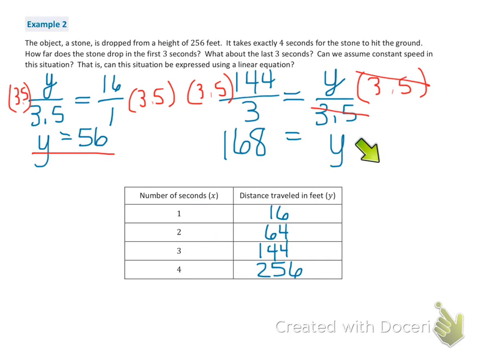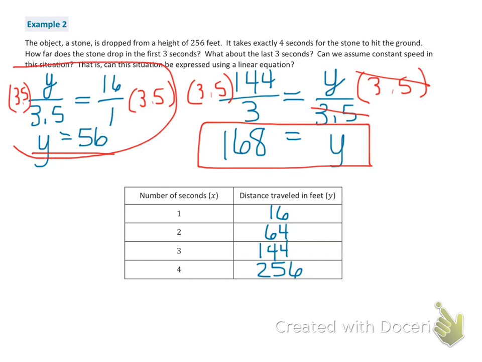So let's do some more checking to see if this prediction is correct. But before we even go there, let's think about, do we trust the method that we use to get this prediction? Because the method didn't work at all using 16 feet in 1 second.